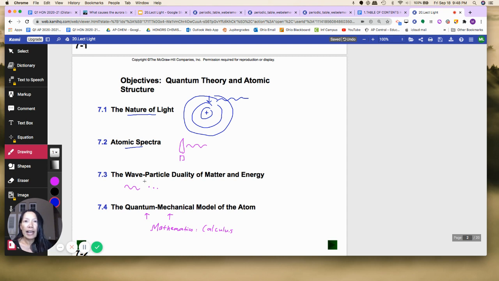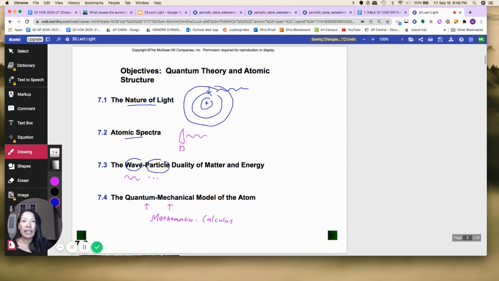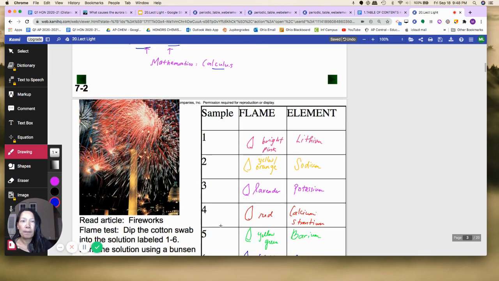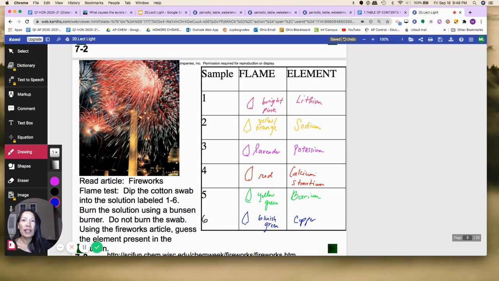We will also be looking at matter and how it has wave and particle nature. And we will be looking at the quantum mechanical model of the atom, which tells us the probable location of the electron using calculus.